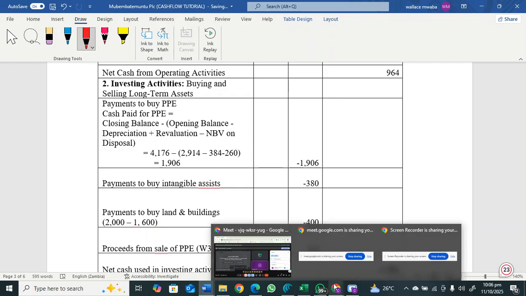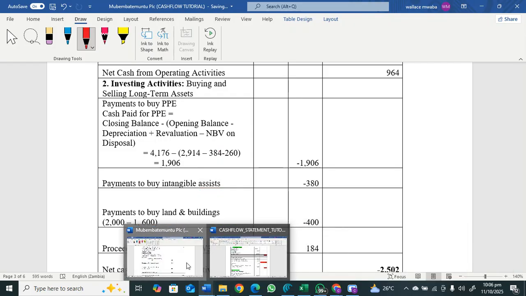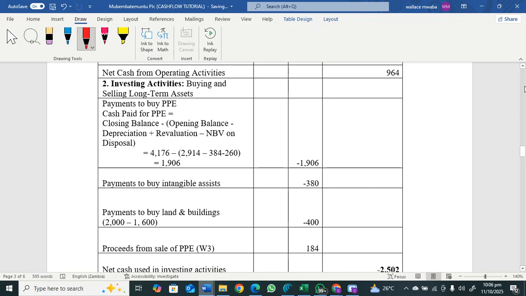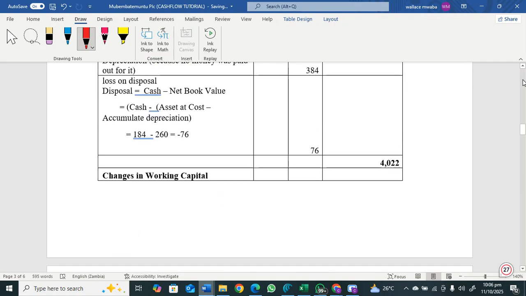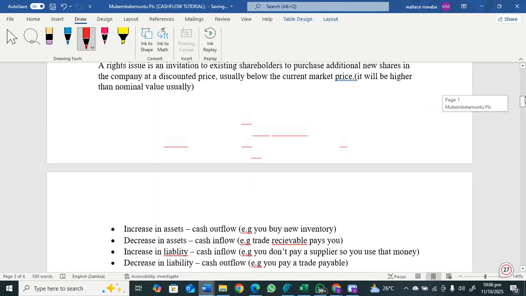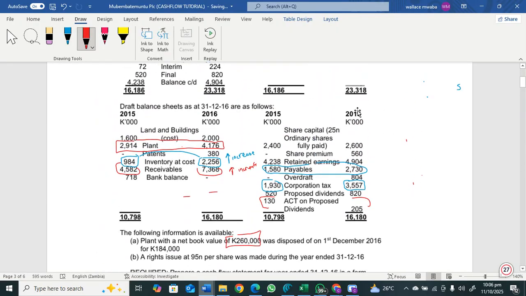Then we can look at now the other non-current assets. These are the ones which you can simply subtract now. This formula is only for plant, colleagues. It applies to plant or any equipment or any motor vehicles. The other intangible assets, you just easily subtract. Patents, you can see, in 2015 we never had any patents.